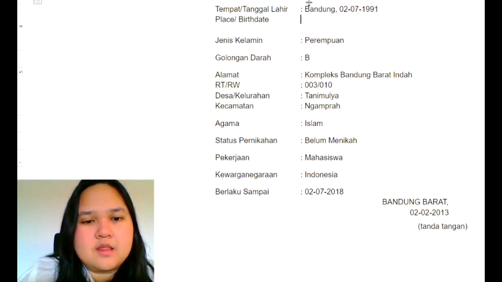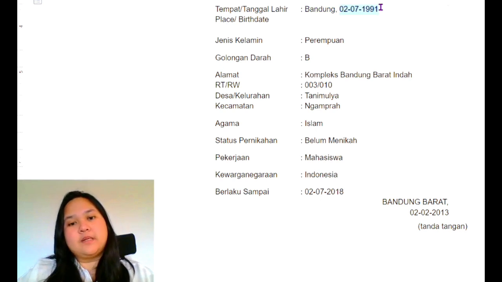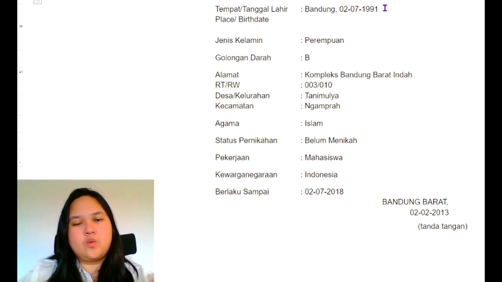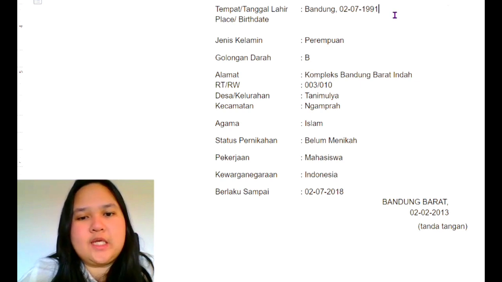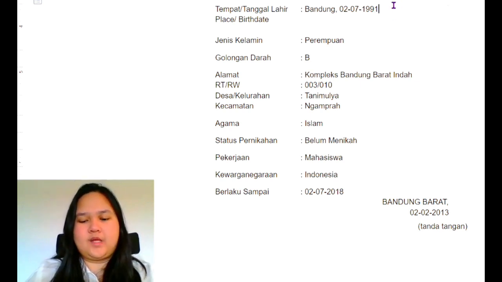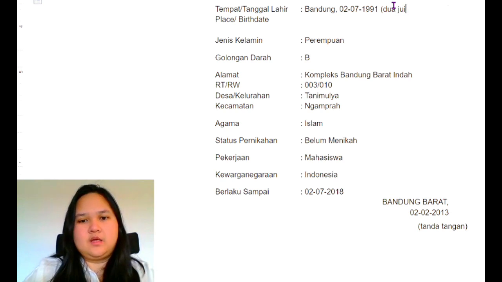So the place, Bandung, and this is the format in Indonesian for how we write the date. It will be the day, so the second, and then the month, 2nd of July, and the year 91. 2 Juli 91, 2nd of July.